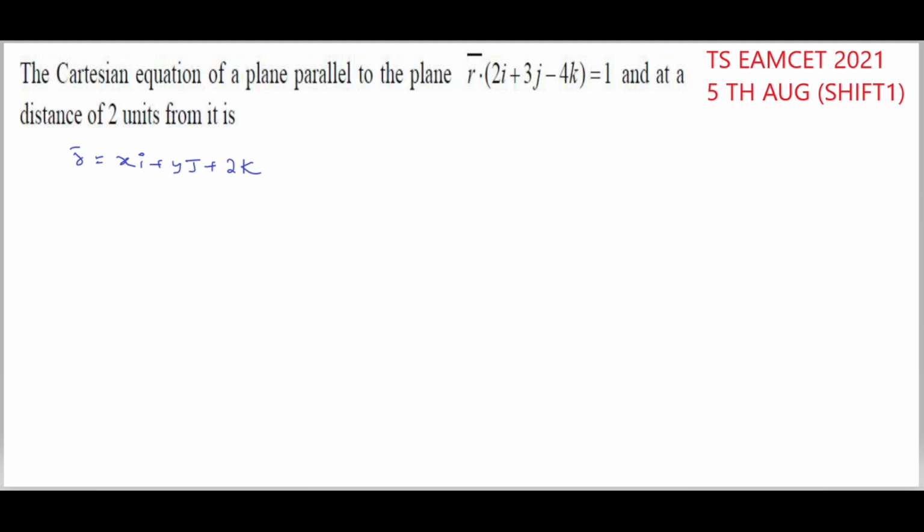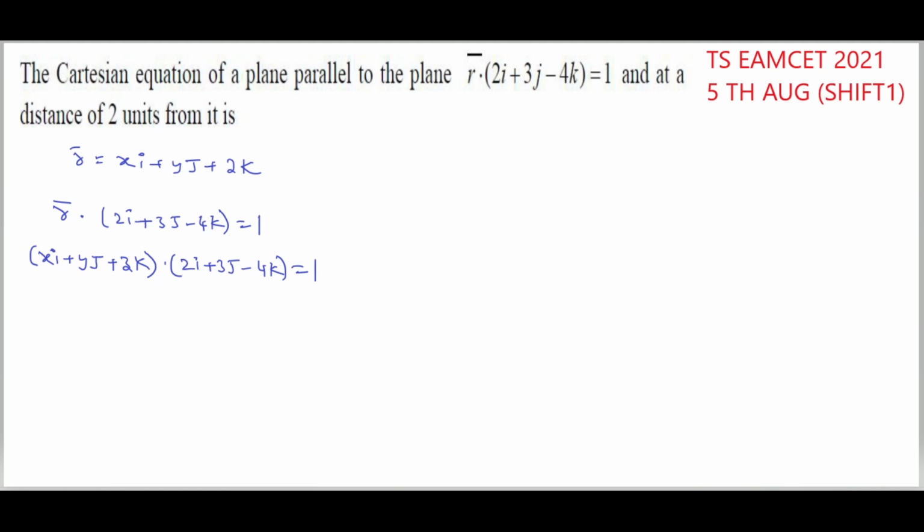Substituting in that equation, r bar dot (2i plus 3j minus 4k) is equal to 1, so (xi plus yj plus zk) dot (2i plus 3j minus 4k) is equal to 1.